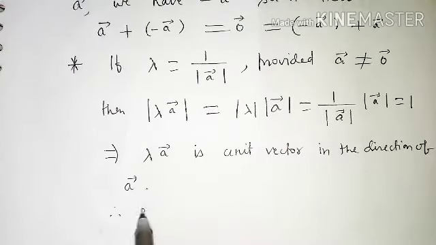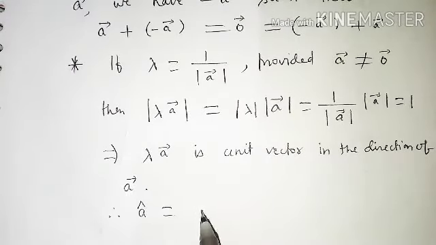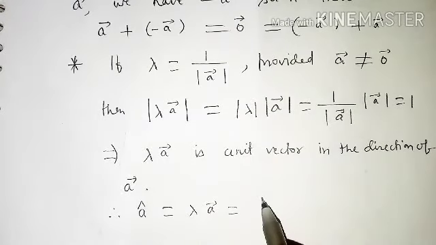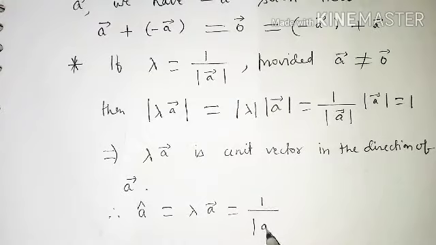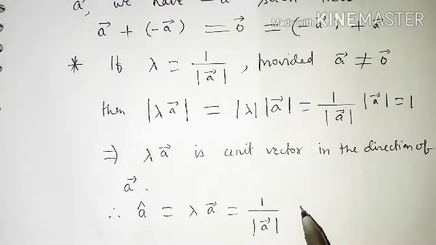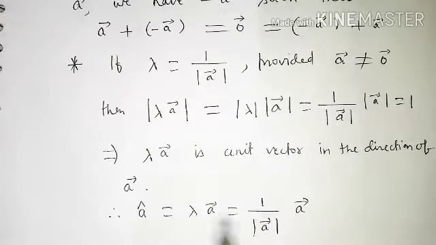Therefore a cap is equal to lambda vector a, where lambda is 1 by magnitude of vector a. So whenever we have to find unit vector, we have to divide the vector by its magnitude.